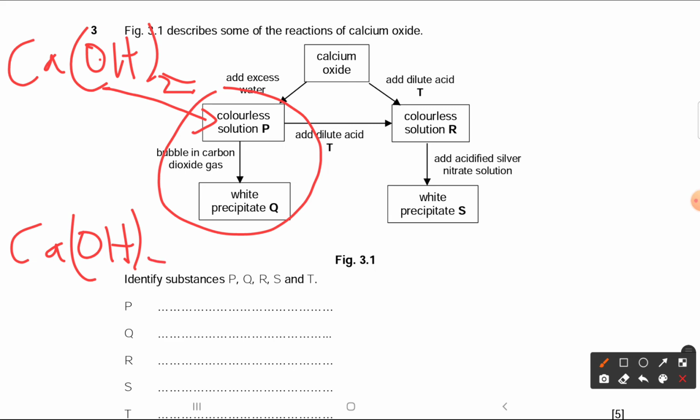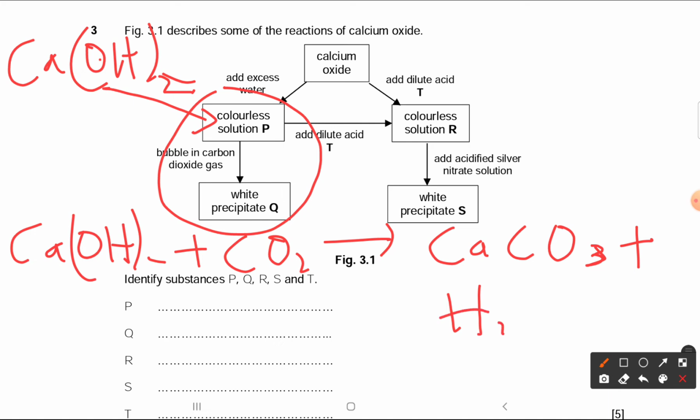Calcium hydroxide plus CO2, you get CaCO3, which is the white precipitate, plus water. So this chemical equation shows the reaction that takes place when carbon dioxide is bubbled into lime water. This is your white precipitate, this is your lime water. This chemical equation you must remember.